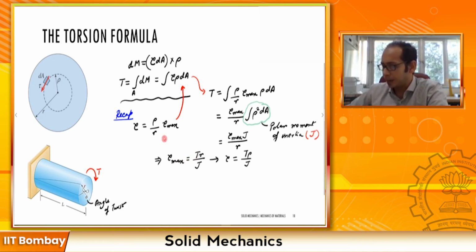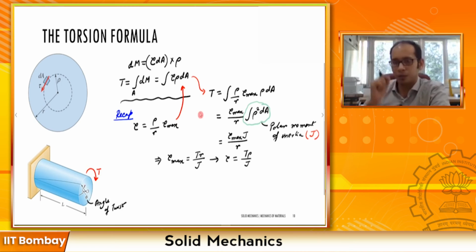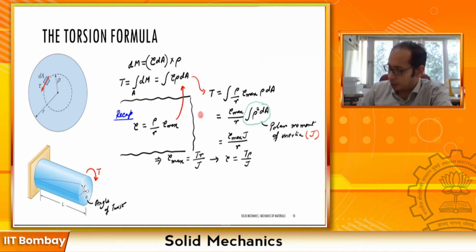Now remember that when we were doing the recap, let us also write the other formula for tau max which we had looked at. What was the other formula for tau max? Let me draw a border over here so that it does not mingle with the rest of your expressions, right?